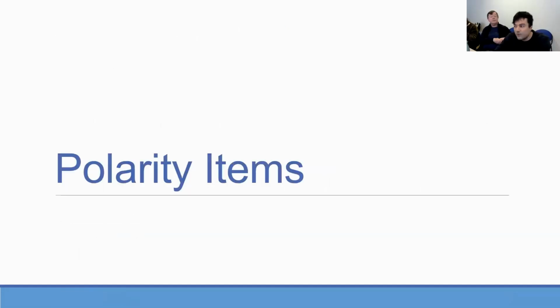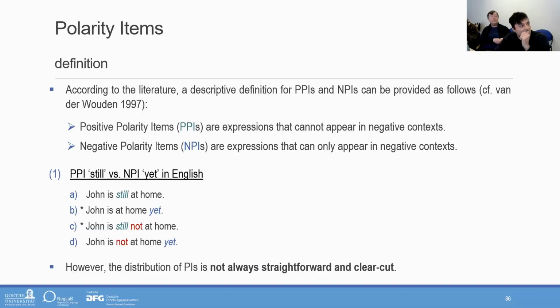But some information on polarity items in general before we go into the details of ich. So according to the literature, we can have some polarity items that are sensitive, let's say, to the polarity or entailment of the context in which they occur.